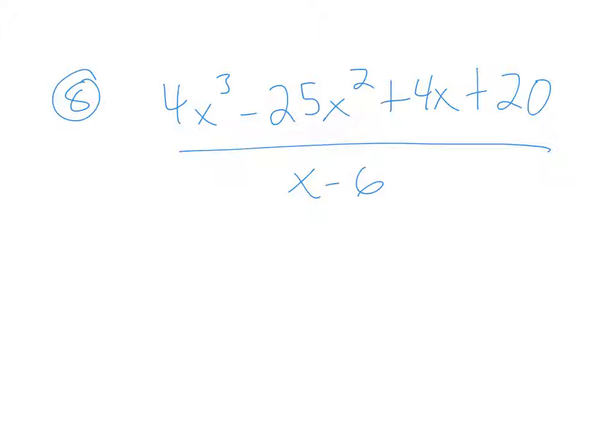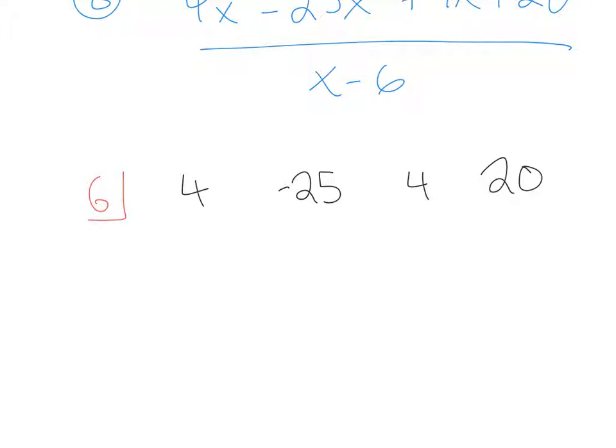Thankfully it is already in descending order, so let's just write those coefficients. Alright, now I can take my r. This time, since it's already x minus 6, I can just use 6. And let's begin the synthetic division process.